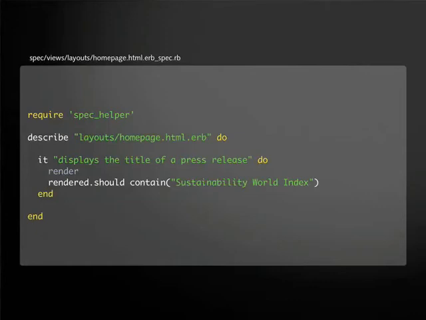I want to show you how to develop this test. So what I'm doing here, say I want to describe my homepage template, and I want to ensure that it displays the title of a press release on the template. By doing this, I want to render my template, and then I say the result of this rendering should contain the words Sustainability World Index, which was the title of my press release.